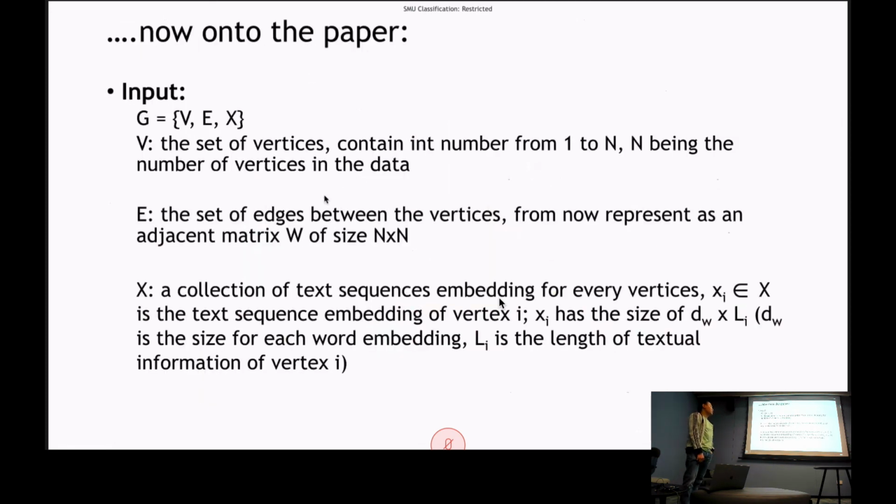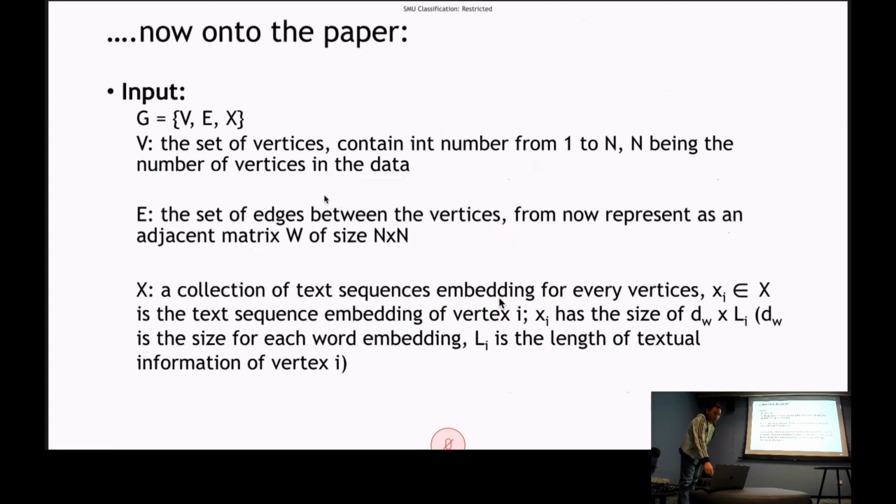So now let's talk about what the paper does. In the paper, our input would be a set of vertices, and between the vertices we will have the edge information, as well as in this case the side information, which is the text sequence of each vertex. You can take side information as an image also, but in this paper the authors focus explicitly on the text information.